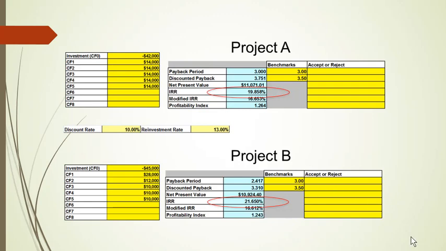And this is what leads us into a complicating issue with respect to capital budgeting. Project A provides the greatest amount of value to the company, but project B provides the greatest rate of return. The answers don't agree with each other. There is a conflict.